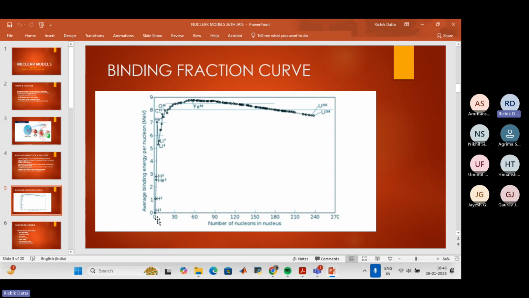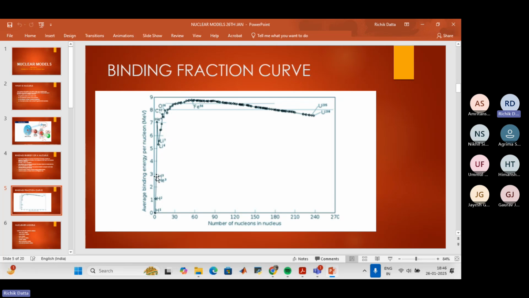For hydrogen it is here, for helium it is here, and another isotope of helium will be much higher. For lithium it will be a little lower, and up to calcium it ranges between 8 and 9 mega electron volt, something like 8.5 mega electron volt.